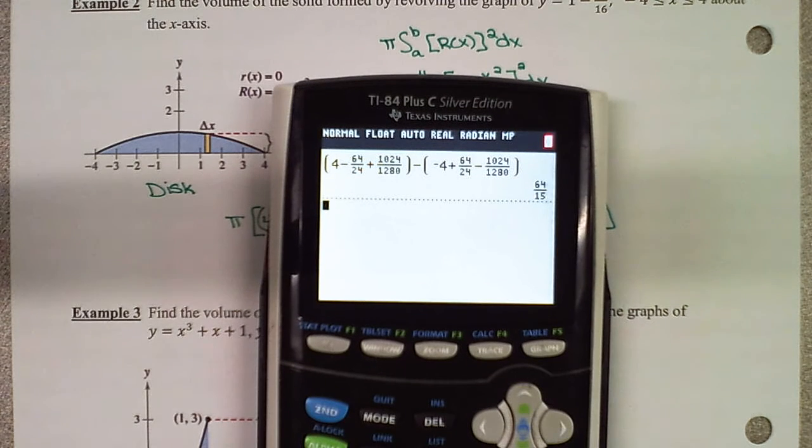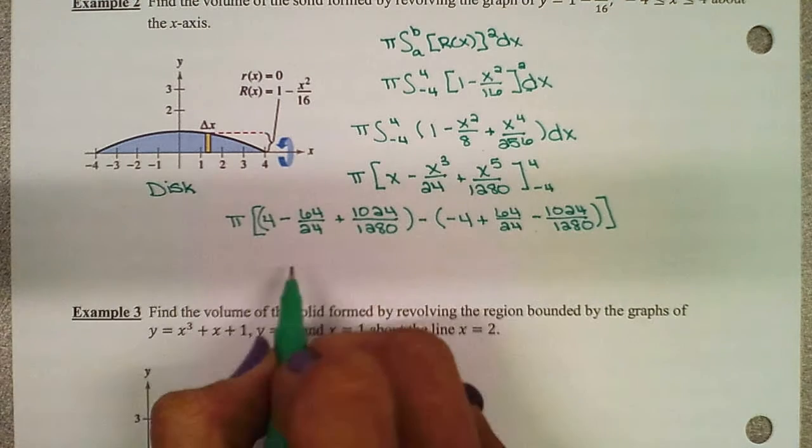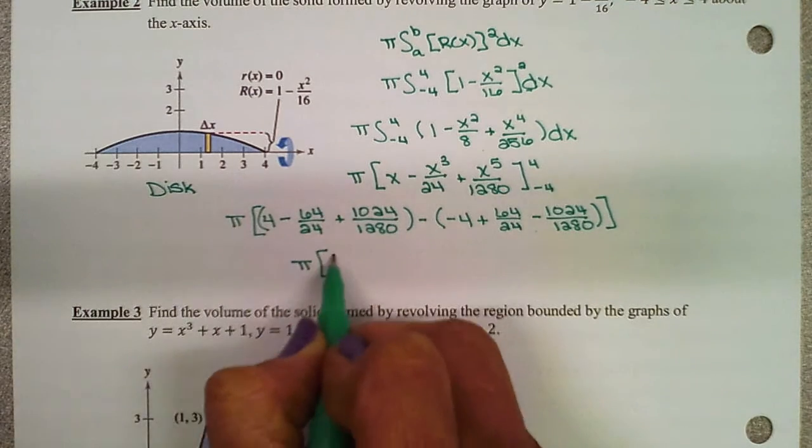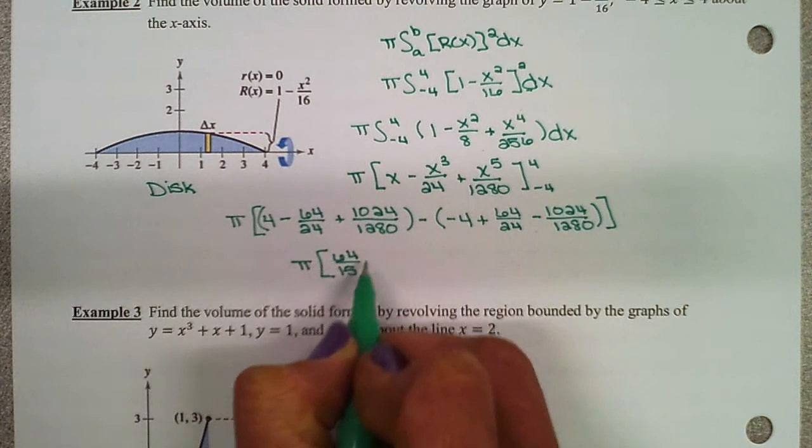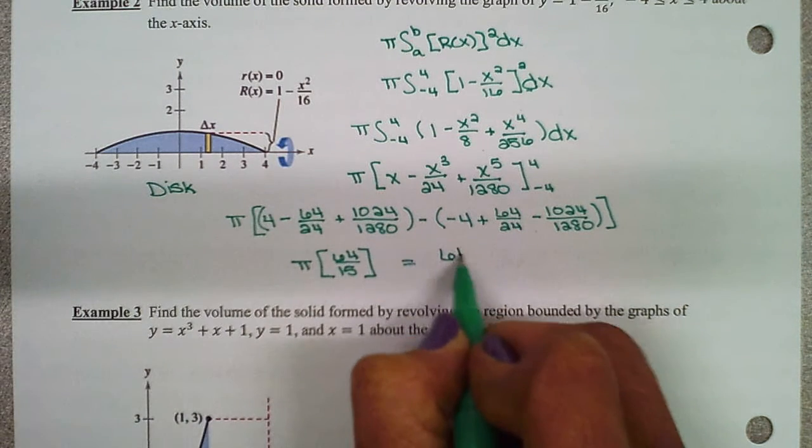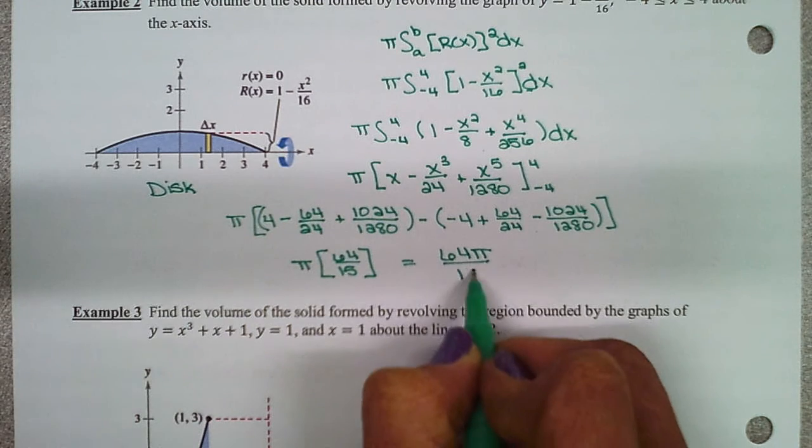And it ends up coming to 64 over 15. Combine that with my pi to get 64 pi over 15.